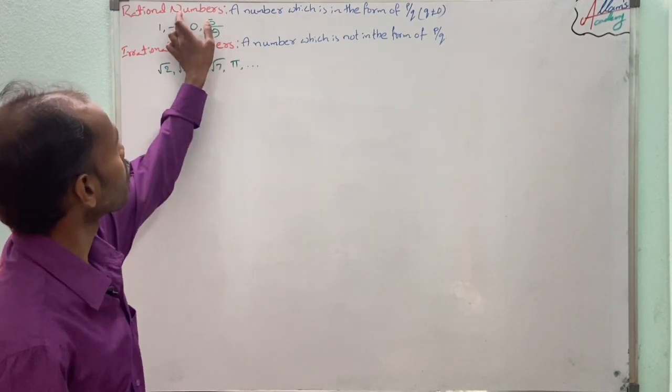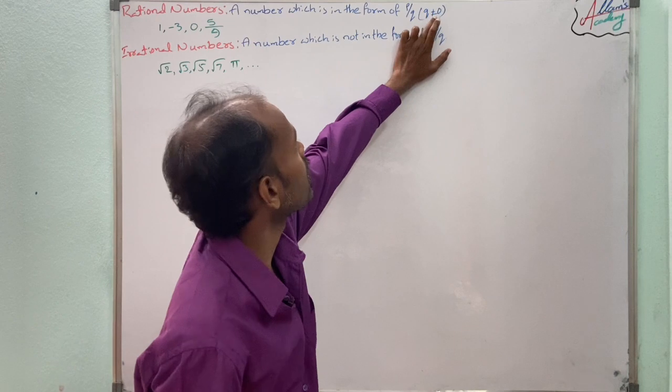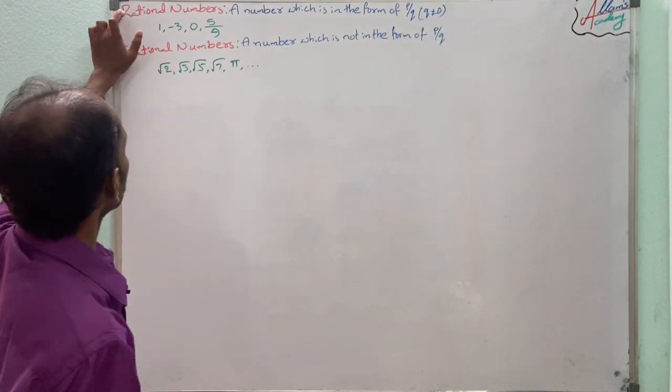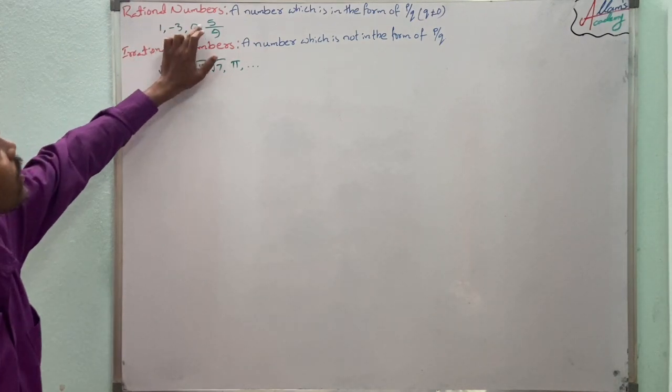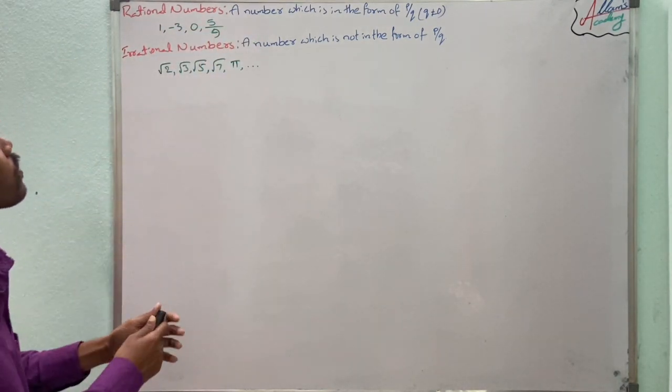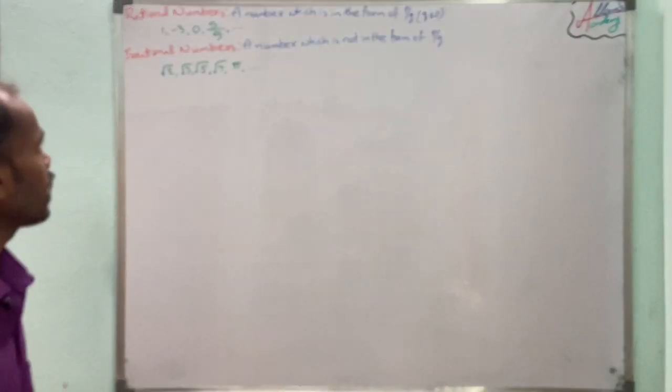So rational number, a number which is in the form of p by q and the denominator is not equal to 0, then it is called a rational number. So for example 1, minus 3, 0, 5 by 9 and so on, these we can take as rational numbers.